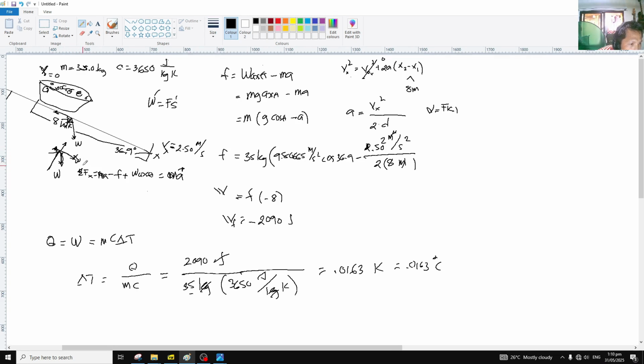So this would be a W. Your angle of 36.9, meaning this angle is equal to this, the opposite angle. So if it goes this way, this should really be sine. So I think that's one of my mistakes. That's probably the only mistake I made. And then everything else is fine.